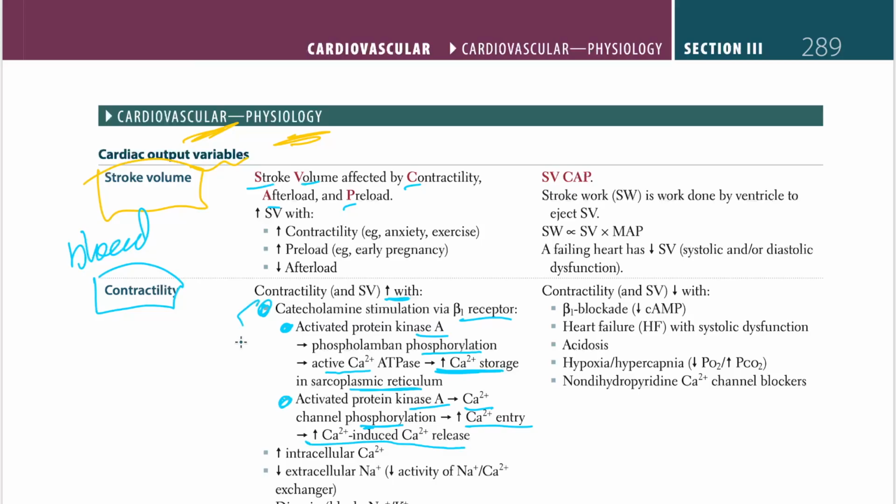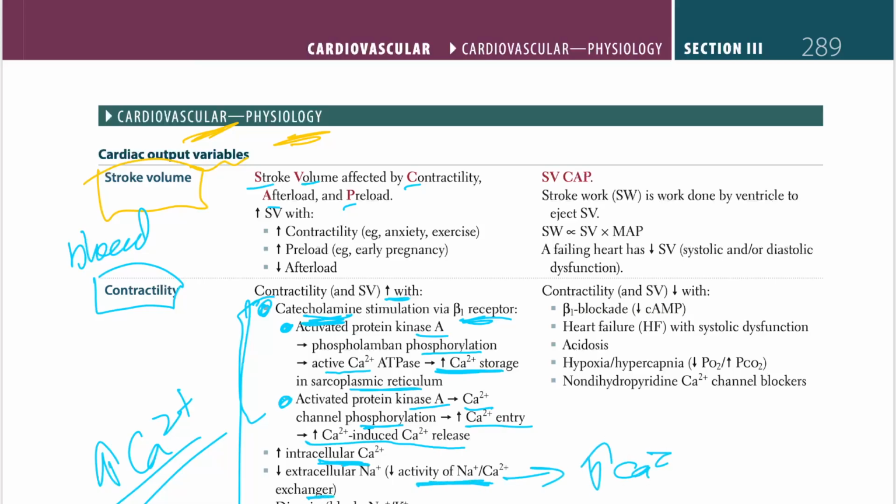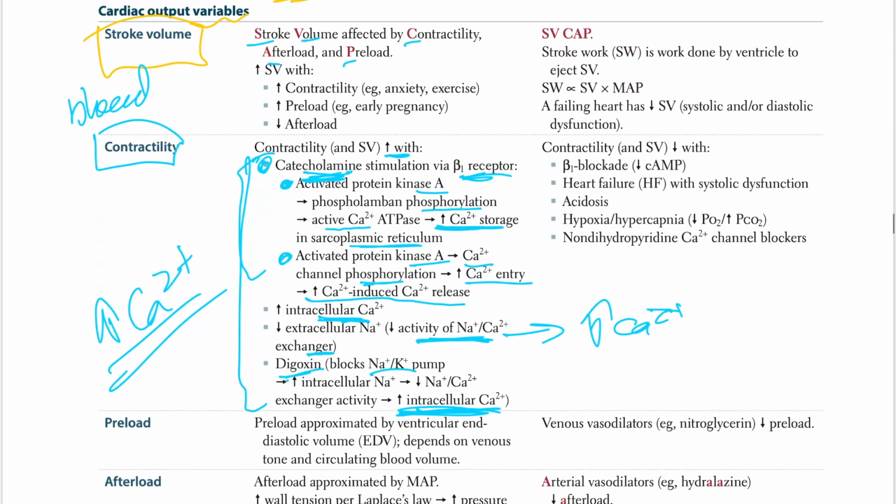So what are we trying to say here? In a nutshell, in all of these factors we're increasing the calcium levels. Somehow, either we are stimulating the beta-1 receptor through catecholamines, or we're just increasing the intracellular calcium, or we are trying to decrease the sodium-calcium exchanger so you would have increased calcium intracellularly, or we're giving digoxin, which would stop the sodium-potassium pump, which would indirectly increase your intracellular calcium.